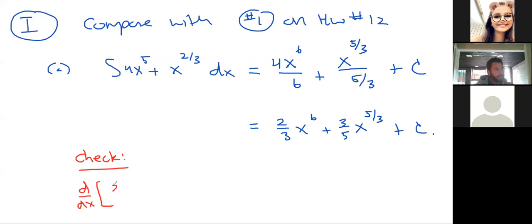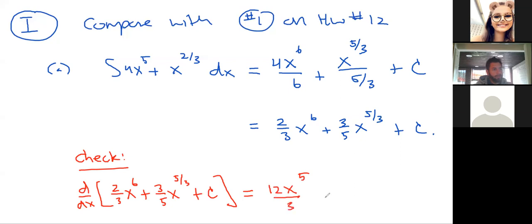If I take the derivative of my quote-unquote answer, what's the derivative? I get 12x to the 5th over 3, plus 3/5 times 5/3 x to the 2/3, plus 0. So it clearly checks.